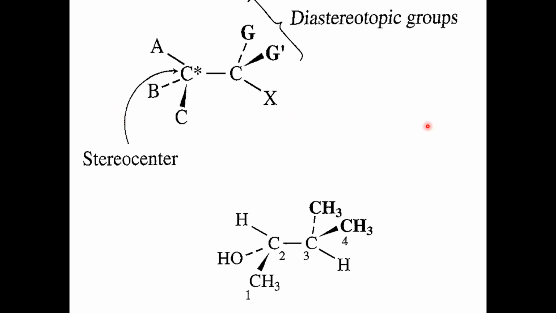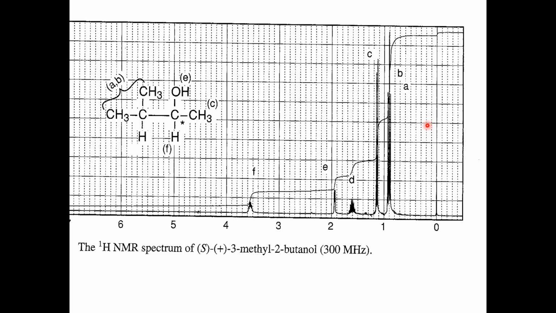The spectrum of this compound can be described here. The signals here can be assigned as 2 doublets due to the 2 inequivalent methyl groups. Each one is a doublet, but the doublets overlap with each other.